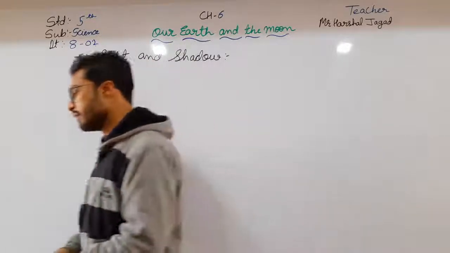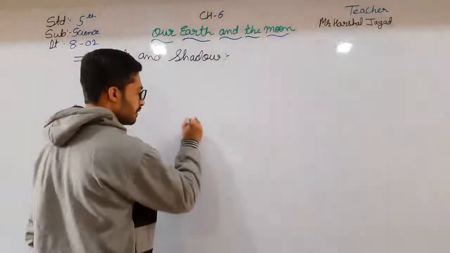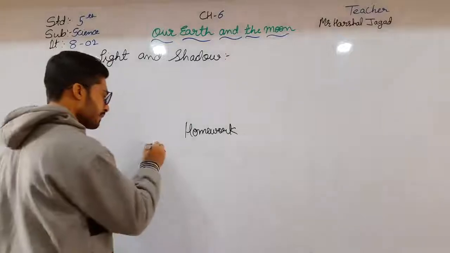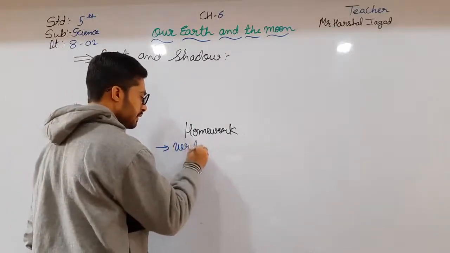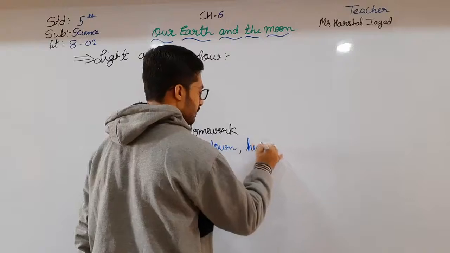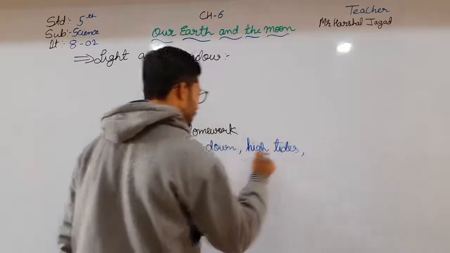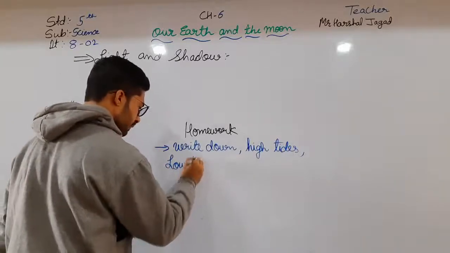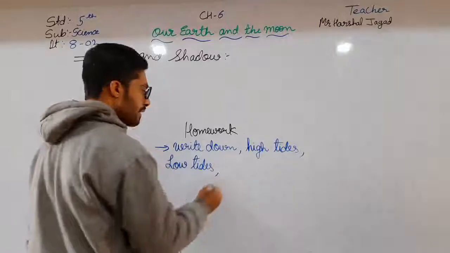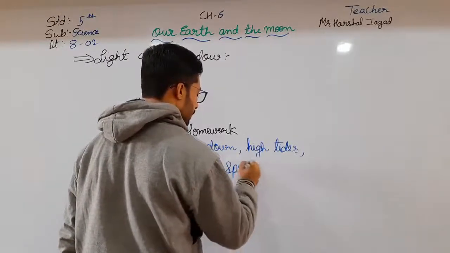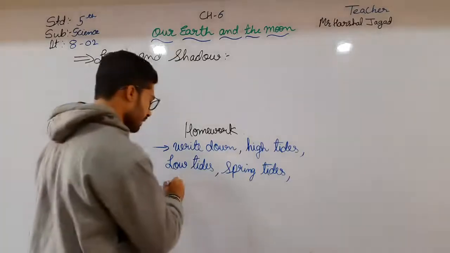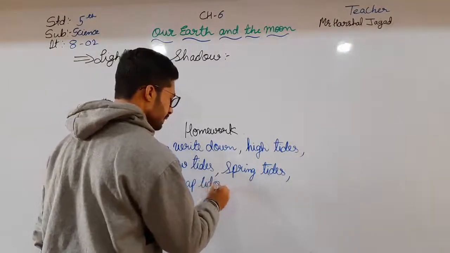So in your homework, what you do is write down high tide, low tide, spring tide, and the other one, nip tide.